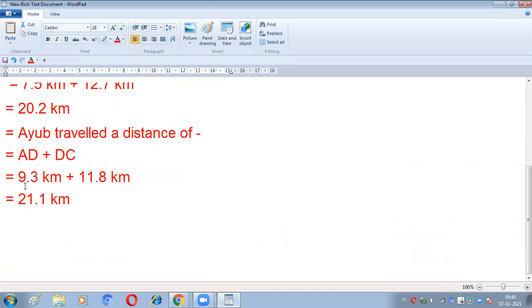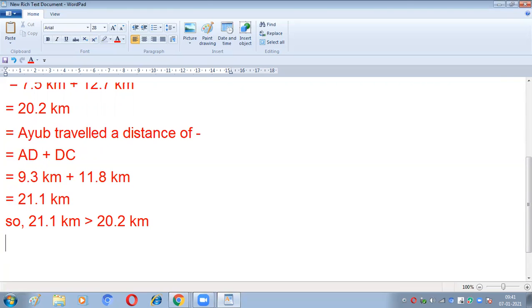Obviously the distance of Ayub is greater than Dinesh. 21.1 kilometer is more than 20.2 kilometer. 21.1 kilometer is of Ayub and 20.2 kilometer is of Dinesh.